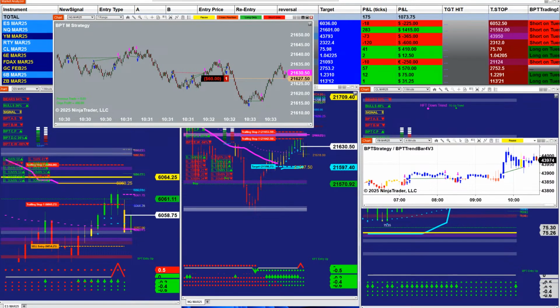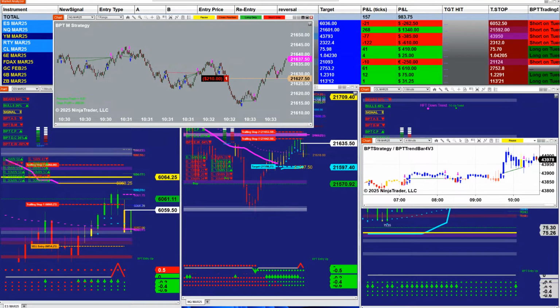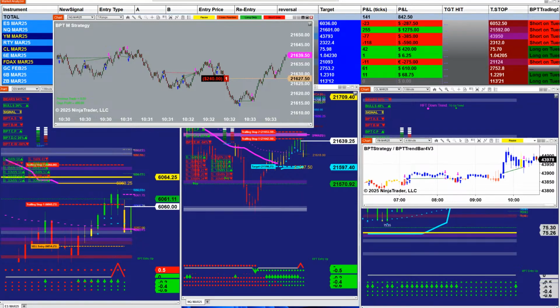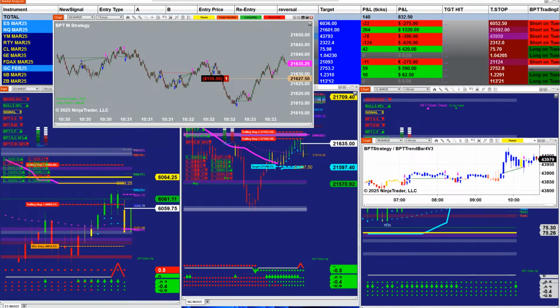There we go. Remember, this auto trade is a reversal. Remember, it's not trending with the trend, it's a reversal auto trade.